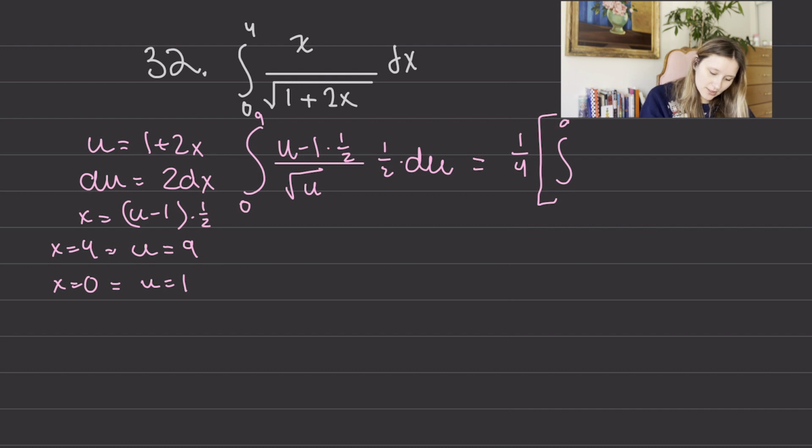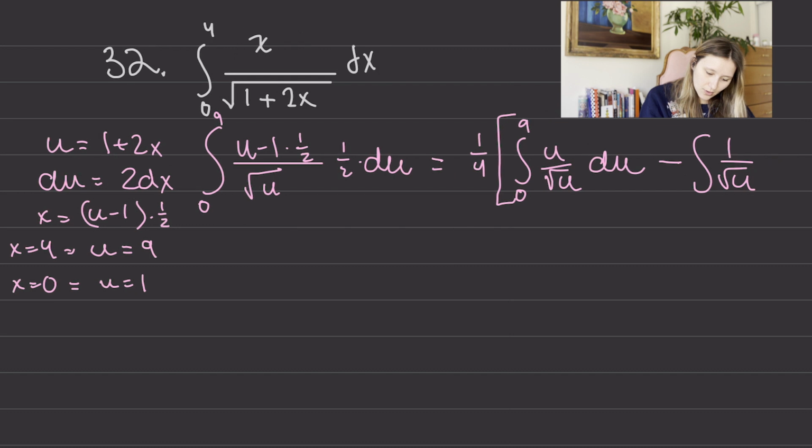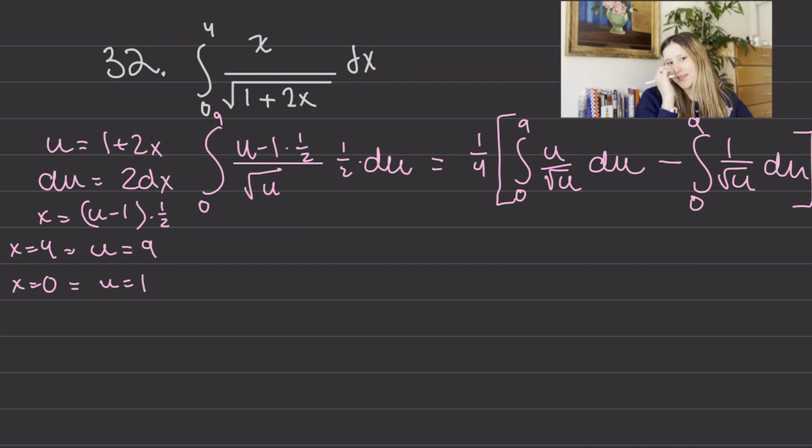We have 9 and 0, and we have u over root u du minus 1 over root u du. And now, I think you know how to do this, but I'm going to do it right now really quickly, okay?